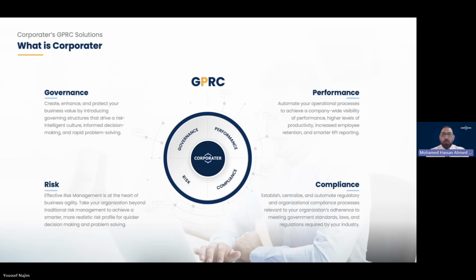Starting with governance, it is very important to establish an intelligent governance framework that promotes decision making for the leadership. Performance should be aligned with the governance to provide enterprise-wide performance visibility, with smart KPIs to be tracked and monitored.